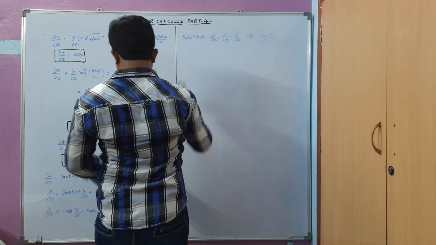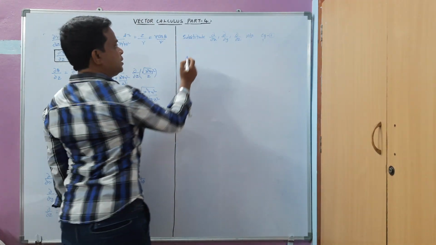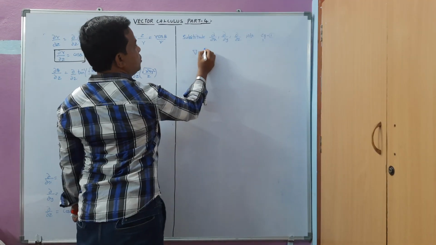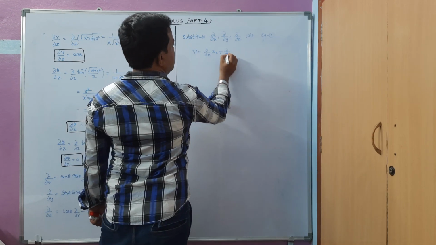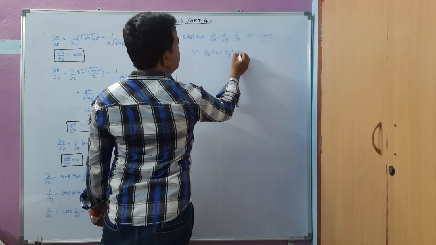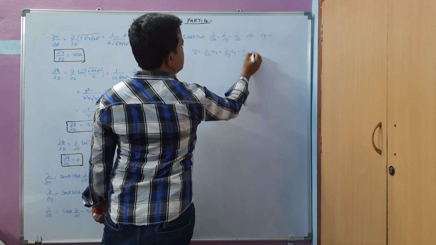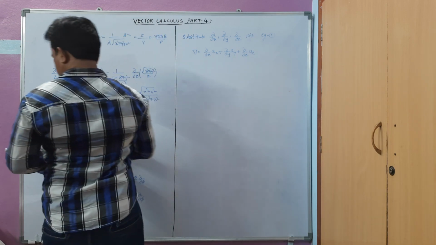Okay, what is equation 1? We know that it is the del operator. Del is dou by dou x of ax plus dou by dou y of ay plus dou by dou z of az.